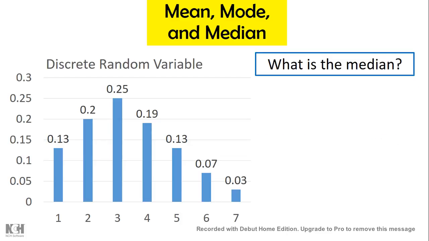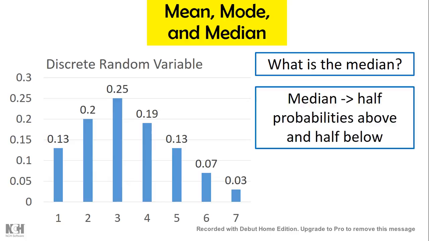Right, what about the median? What's the median? It's the middle when they're in order. Well, it's a bar graph, so it's already in order. So where is the middle? Not the 4, because that's the middle bar, but the middle in terms of saying half the values are above, half the values are below. Okay, so let's just have a look here. Maybe the median could be between 1 and 2.